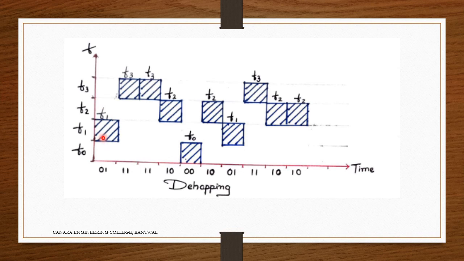So F1, next one is F3, F3, F2, F0, F2, F1, F3, F2, F2. How are we getting the de-hop? After dehopping, we are getting this type of spectrum. Okay, thank you. And this is the end of this module 5. Thank you.